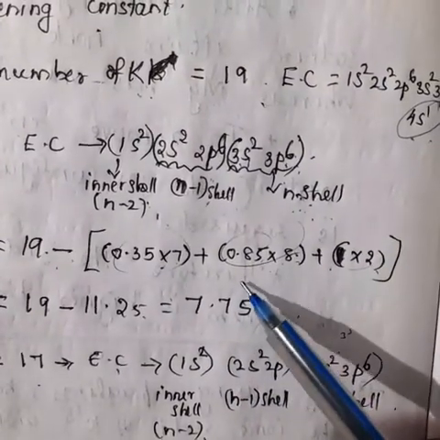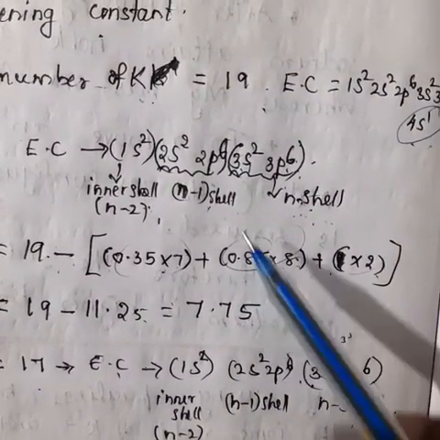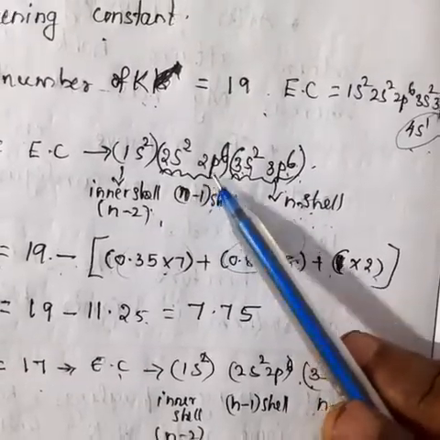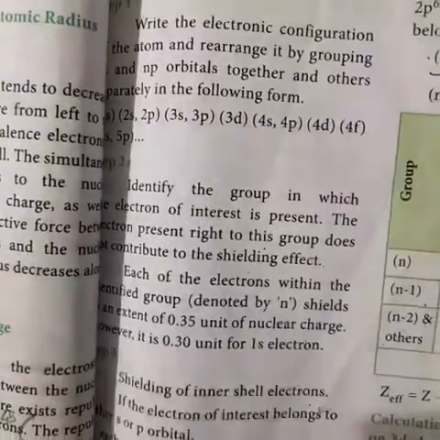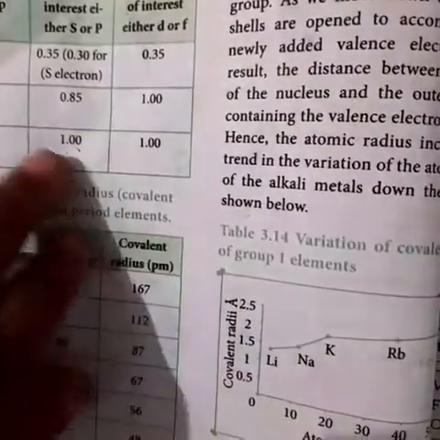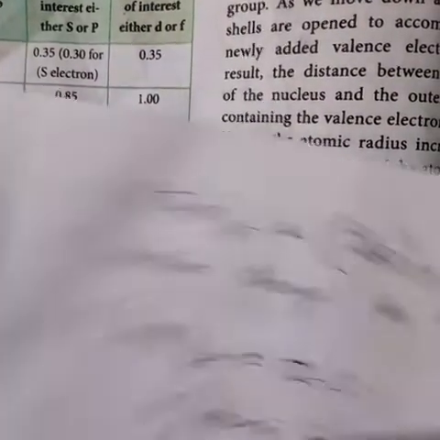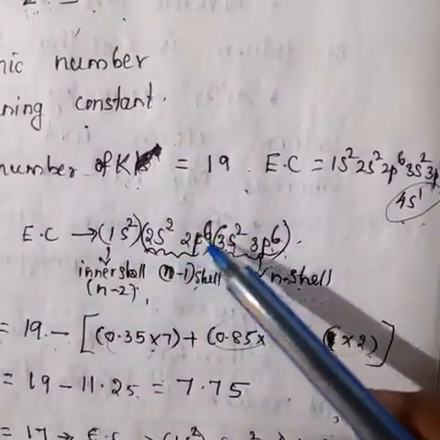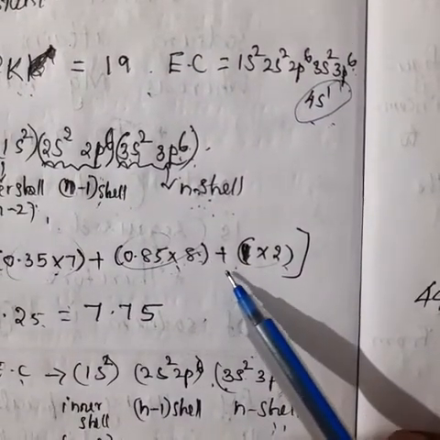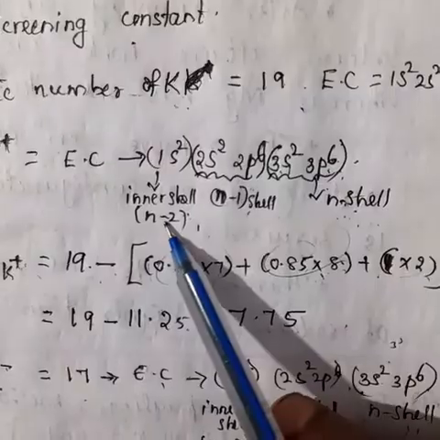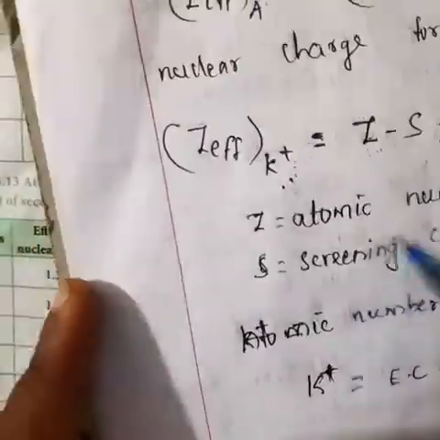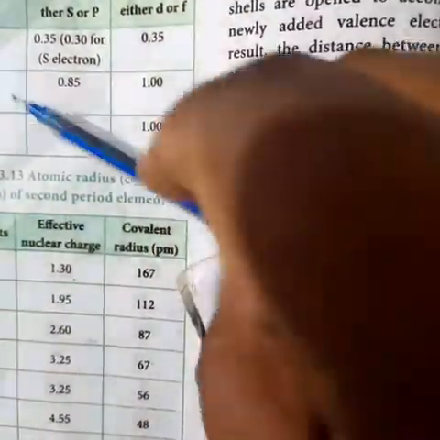And then the next shell, the n minus 1 shell. What is the value for n minus 1? 0.85 into how many electrons? 8 electrons. So 0.85 into 8, plus the last orbit, n minus 2 and others, which has only 1 value: 1 into how many electrons? 2 electrons.